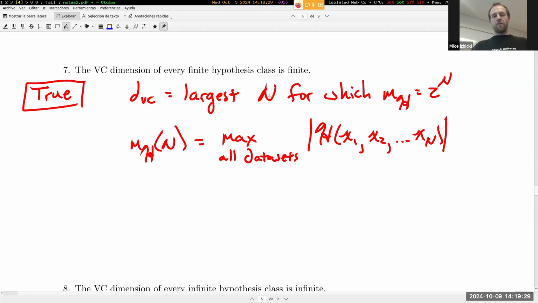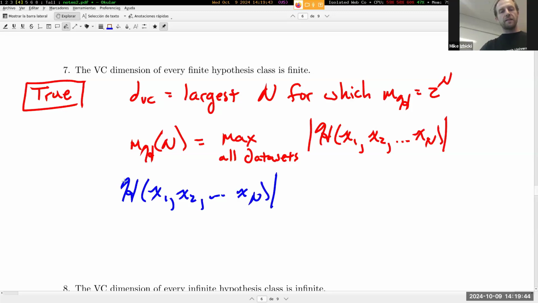It turns out that we can, in fact, bound that. One of the things that we talked about last time is that for the size of the set of dichotomies on x1, x2, up to x sub n, there are several upper bounds, but one of them is the actual size of the hypothesis class. And in this case, because we have a finite hypothesis class, this size is equal to m.